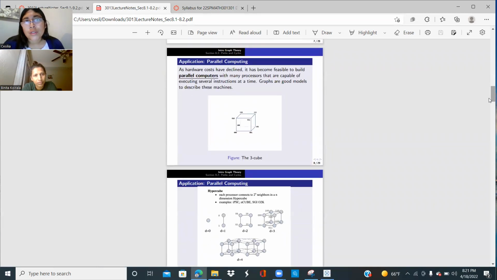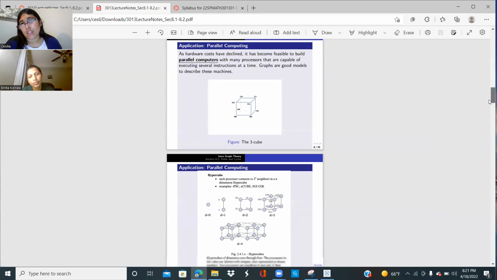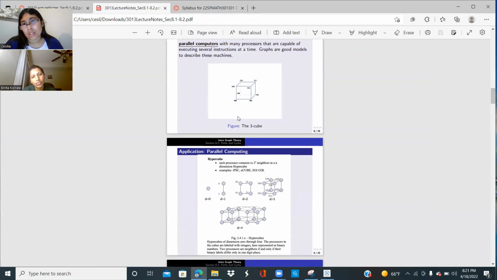Okay, so an application of parallel computing. As hardware costs have declined, it has become feasible to build a parallel computer, with many processors capable of executing several instructions at a time. Graphs are good models to describe these machines. So using the parallel computers, this is the 3 cubes.